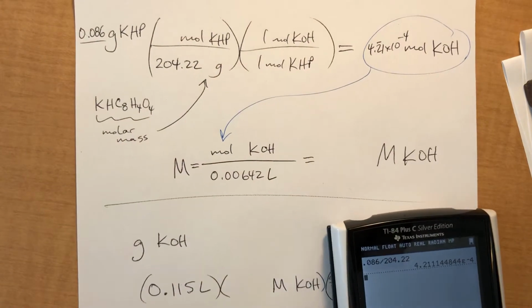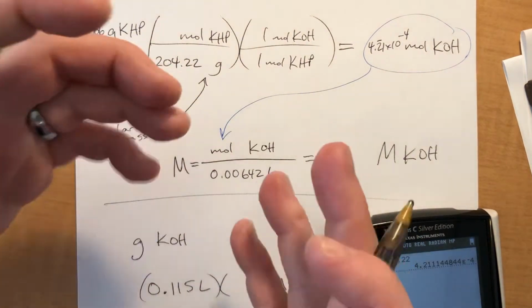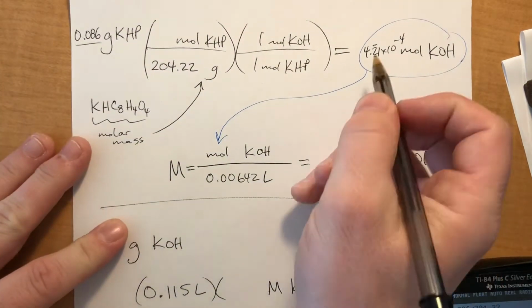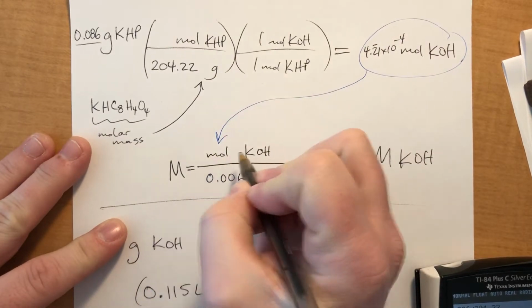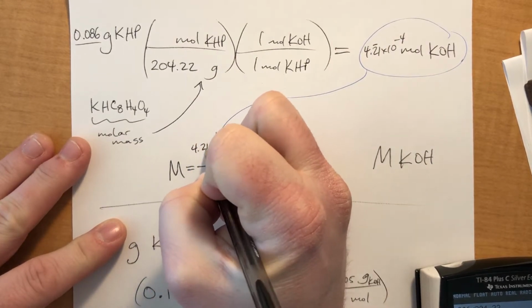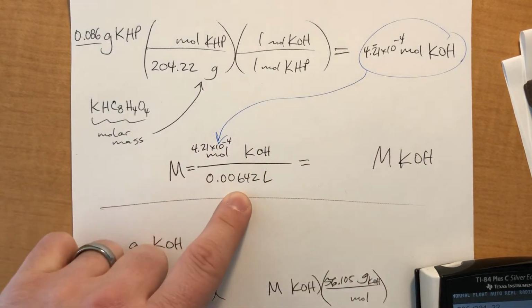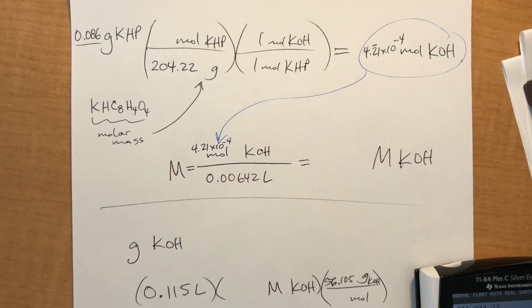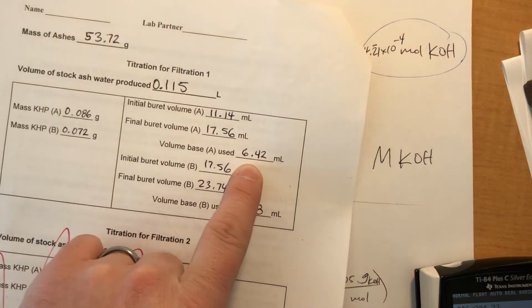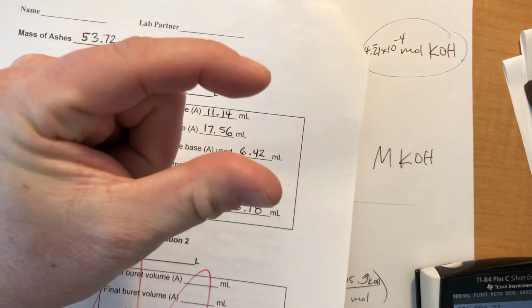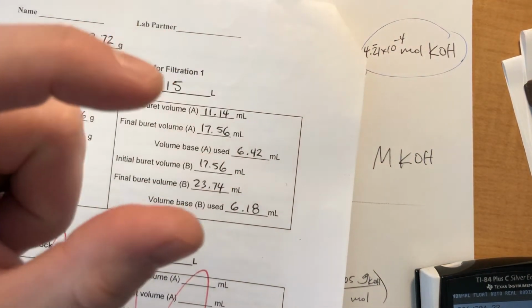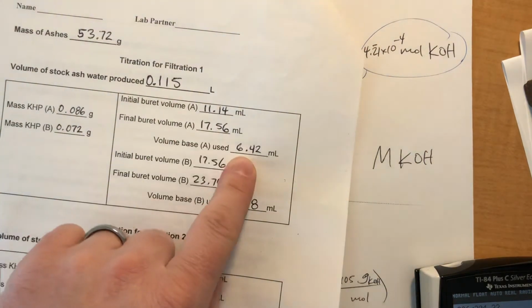We can solve for the concentration of the solution, the molarity, by plugging in this new number. I didn't leave myself space, but I'll just write it in here anyway. 4.21 times 10 to the negative 4th moles of KOH divided by the volume in liters. My volume is in milliliters. It was the difference between the volumes in the burette, the amount used total.